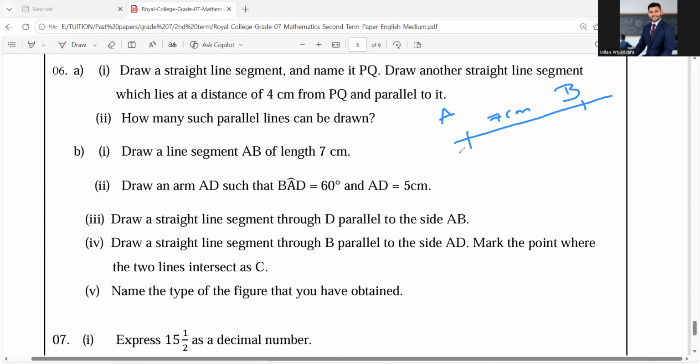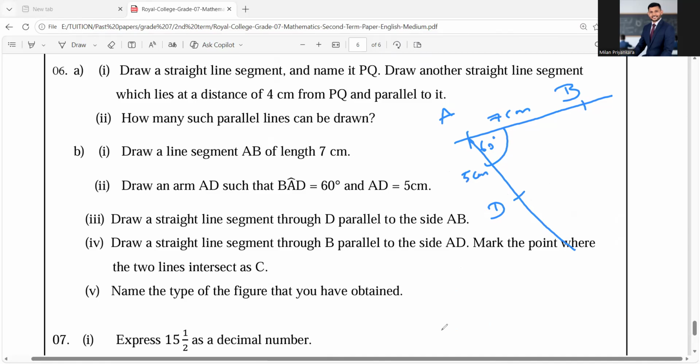Draw an arm such that angle BAD is 60 degrees. So BAD, you take like this. And we don't know where D is, and AD is 5 centimeters. Now you can mark this 5. Do you know how to mark this length?